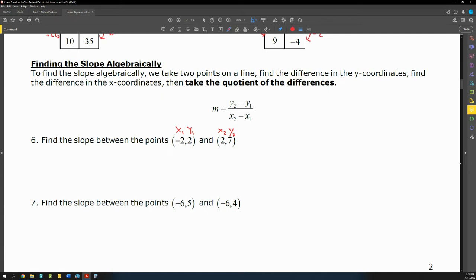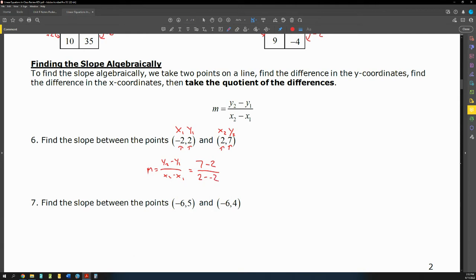So to find the slope, I'm going to set up my formula. So y2 minus y1 over x2 minus x1. Well, y2, we're plugging that in, is 7 minus y1 is 2. X2 is 2 minus x1 is negative 2. So be very careful here.